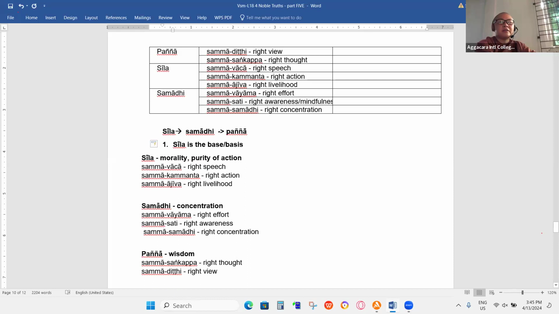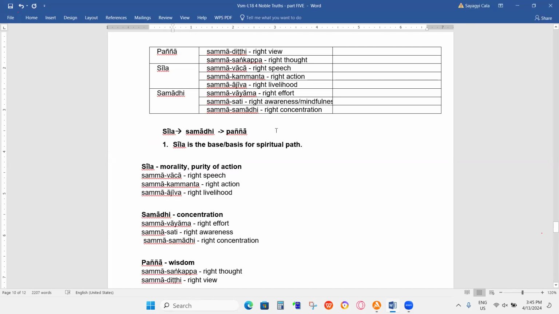I think the base for practicing meditation, or for any spiritual path, because once your sila is not strong, you tend to have a lot of unwholesome thoughts, or your intention is harmful to others.